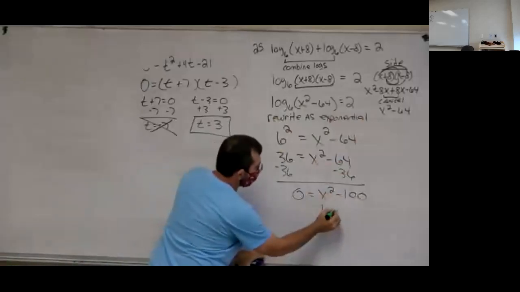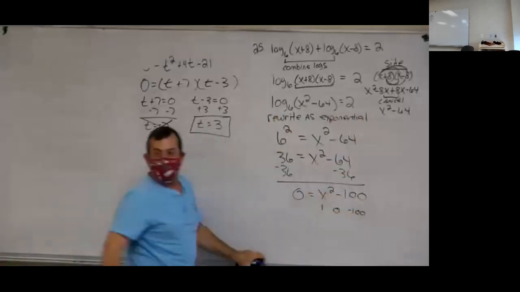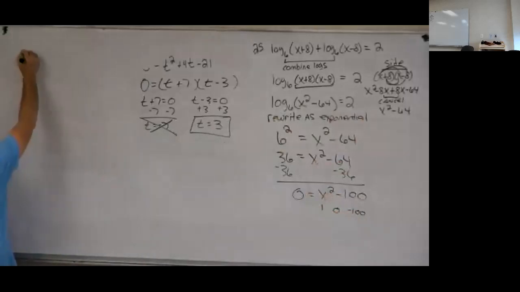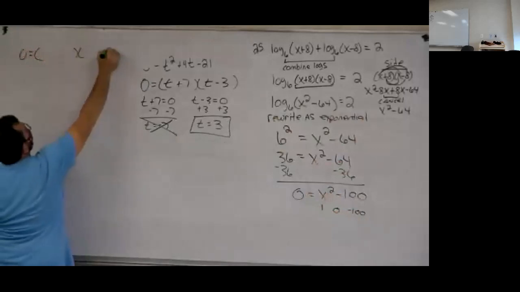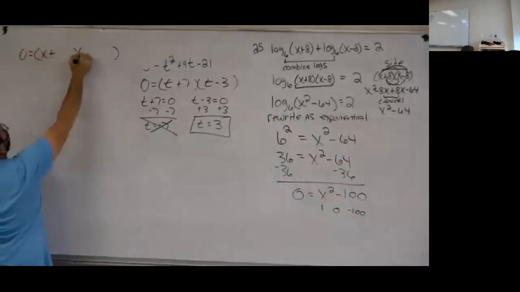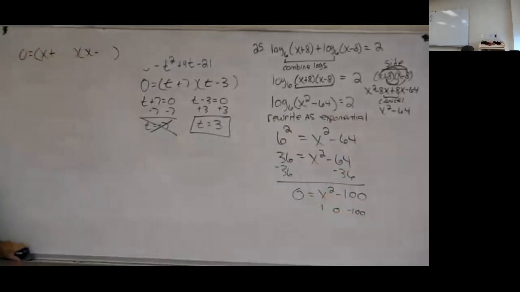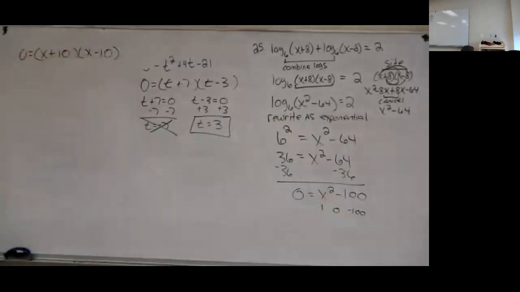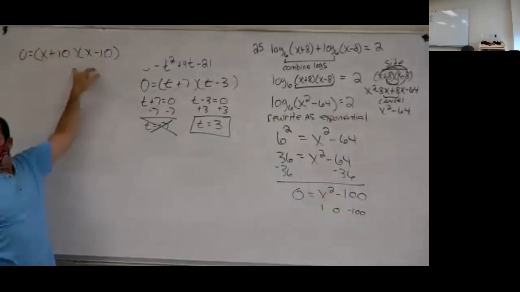Remember, 1, 0, negative 100 to factor that. So what number did y'all get on that? 10, okay? This would be x plus 10, x minus 10. Which means I'm going to get two of the same answers, but with opposite signs, it looks like.